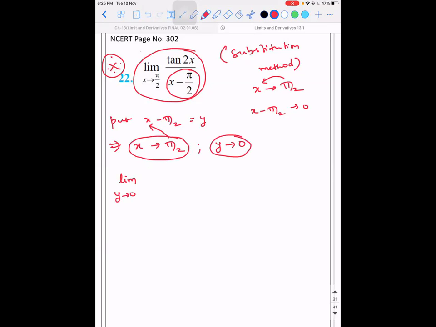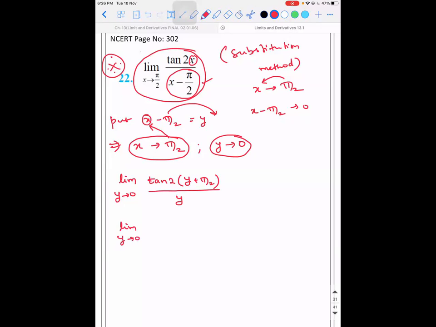Clear? Tan 2 of, in the place of x, I need to replace it with y. What is x equal to? y plus pi by 2, divided by, in the place of x minus pi by 2, I can write y.